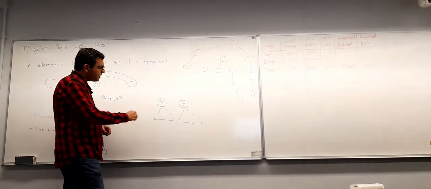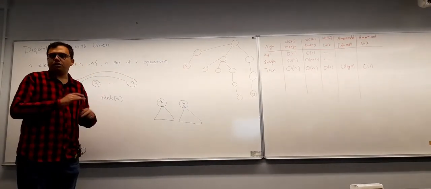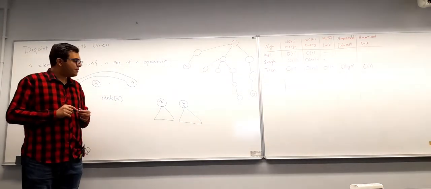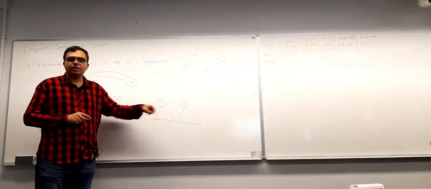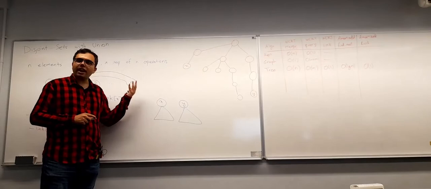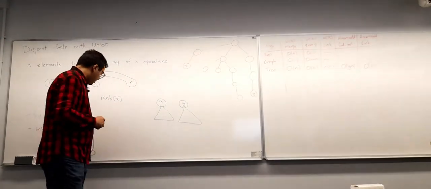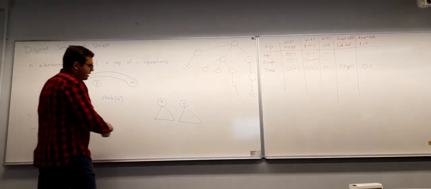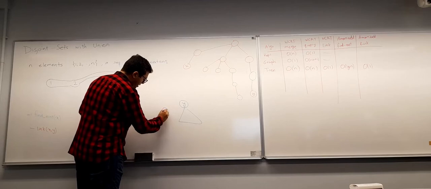So if rank of X is, for example, less than rank of Y, I just make X a child of Y, and I don't update the ranks at all. The only case that I update the ranks is if they have the same rank. So if they have the same rank, I then randomly choose which one I want as my new root. So let's say that I had X and Y, and let's say that both of them had rank 5.